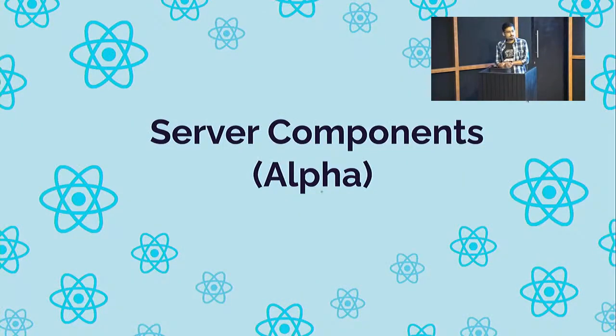So now, streaming improved the rendering significantly, but the React team thought that maybe we can do even better. So at the end of 2020, they released a new talk with an RFC of something called React Server Components.